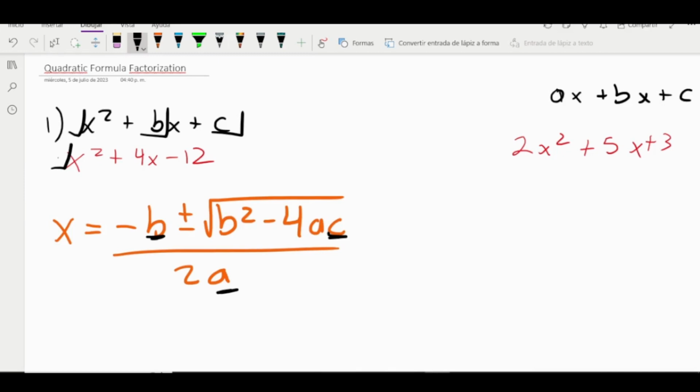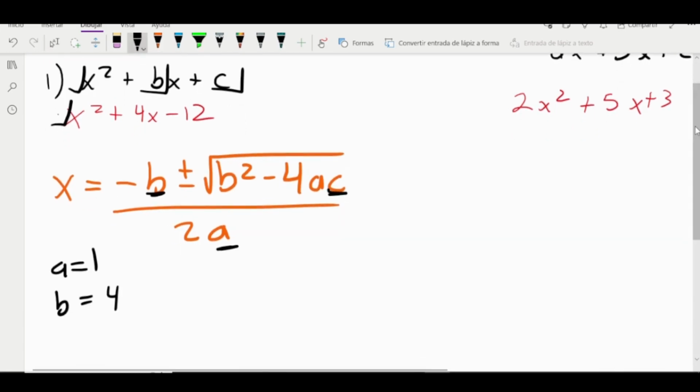According to this equation, a equals 1, b equals 4, and c equals minus 12. So the only thing we need to do is apply the substitution.